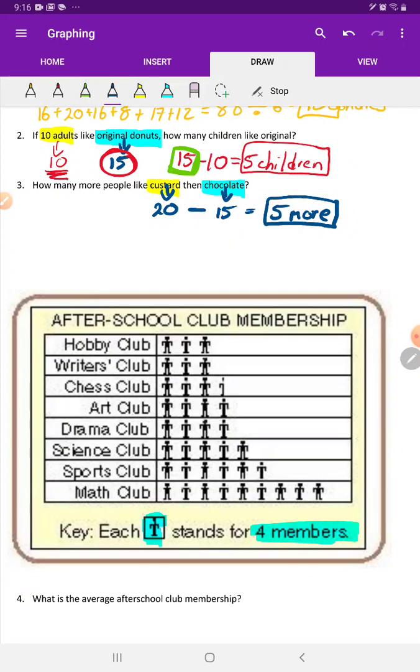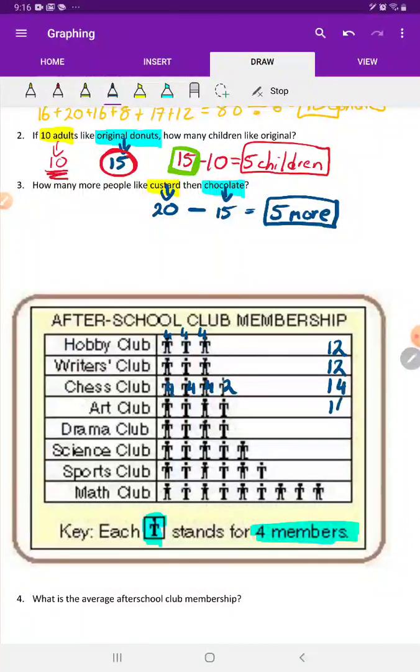Now the first thing I like to do on this is I like to give myself some numbers to work with. So this is 12 because 4 plus 4 plus 4. And this is 12 because it's the same. This one is 4 plus 4 plus 4 plus 2 because this is a half of 1, which gives us 16. Whoops, sorry. Doesn't give us 16. Gives us 14.